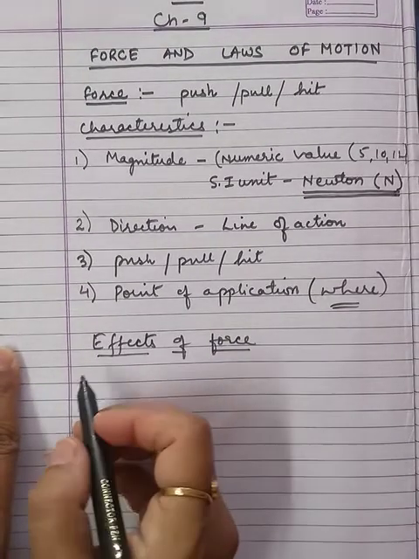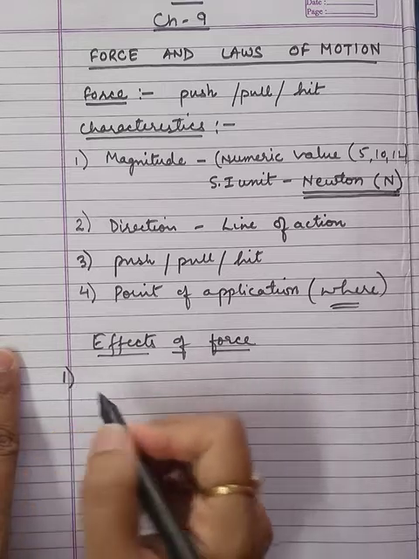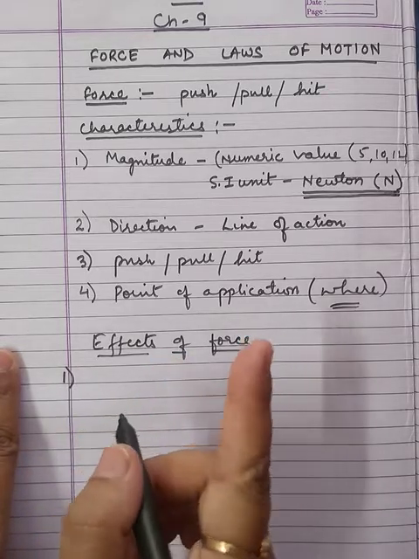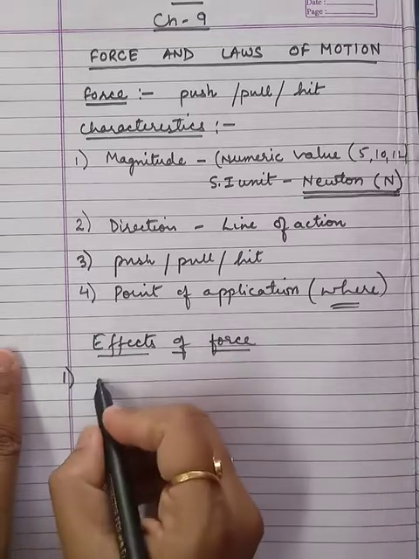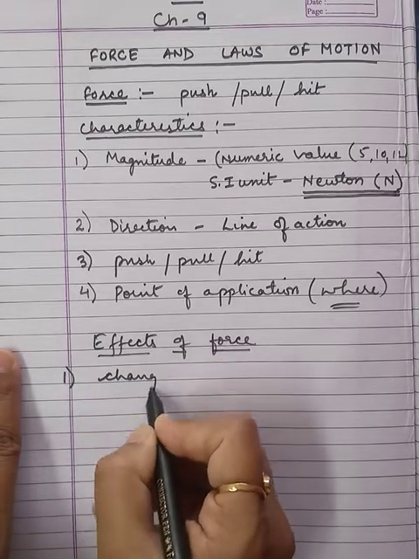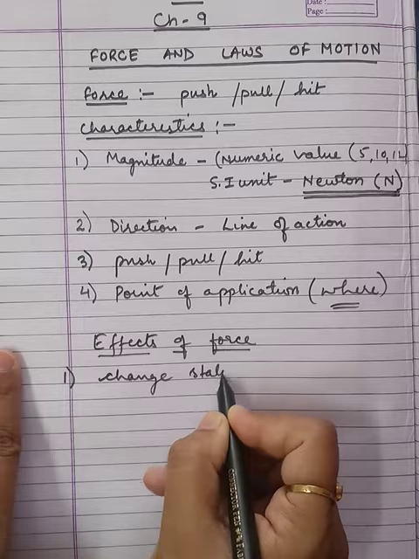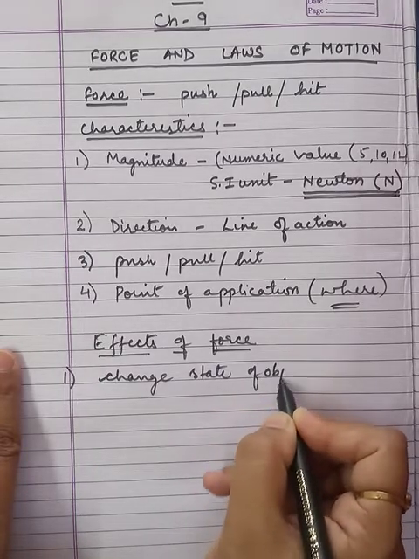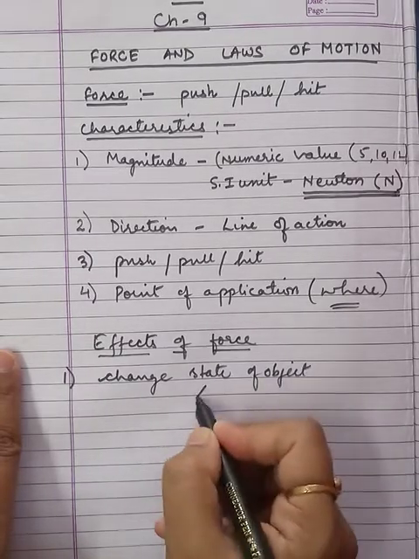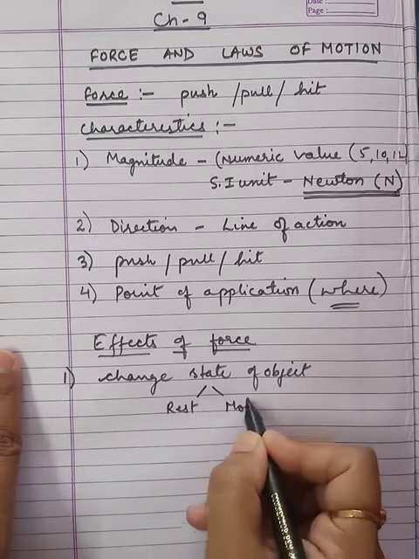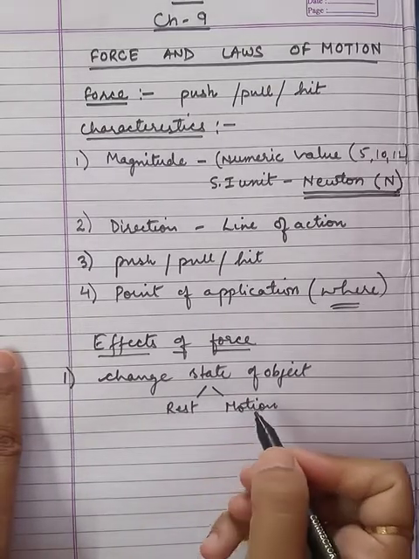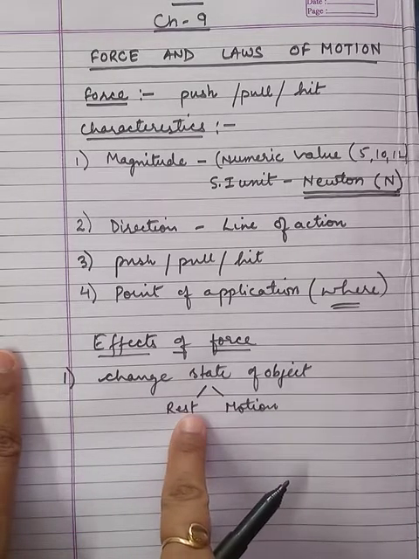There are basically three effects. Number one is it can change the state of any object. State of object we know, it can change the state of object. What is the state of object? The state of object can be at rest or the object can be in motion. So this state can be changed by the force, whether the object is in rest.